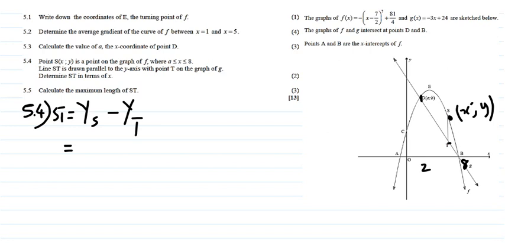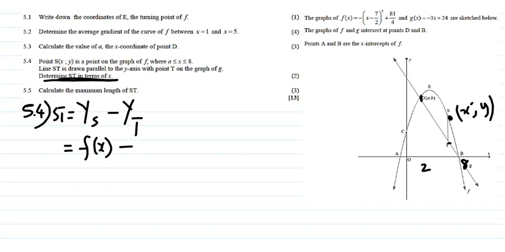Now, because I don't know the exact value, I will just write f of x. Now you understand why they are saying we must find ST in terms of x, because there's no way we will find this if they have not given us a value of x. Okay, that's that. f of x minus... how would I find the y value at T?